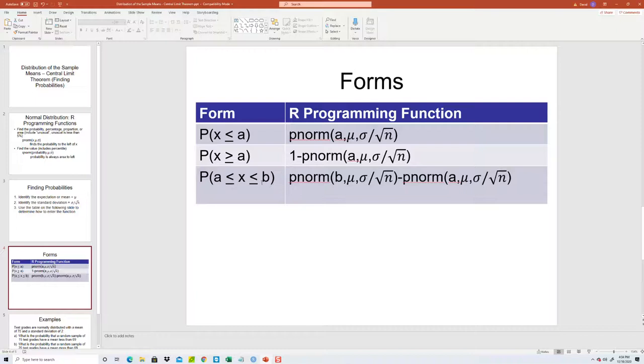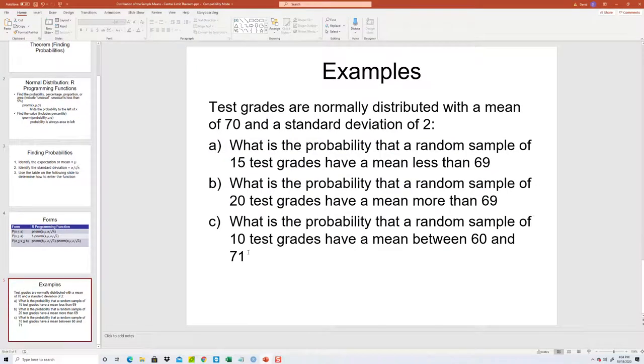And then if it's between two values, a and b, use p-norm b, mu, sigma divided by square root of n minus p-norm a, mu, sigma divided by square root of n.